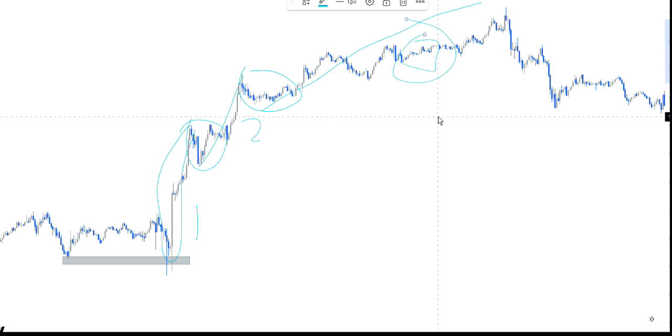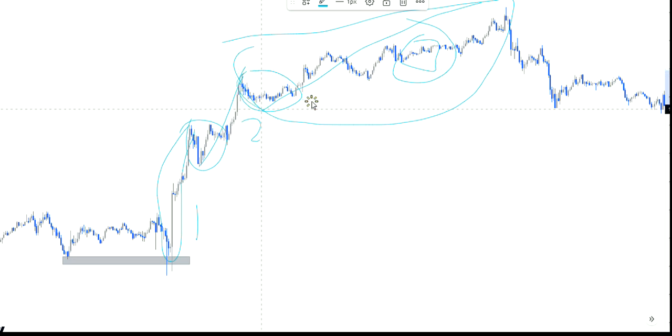We have a certain pullback inside the impulsive moves, from here to here to here. You have a correction, then impulse, correction, impulse, and inside here you have correction, impulse, correction, impulse, correction, impulse.